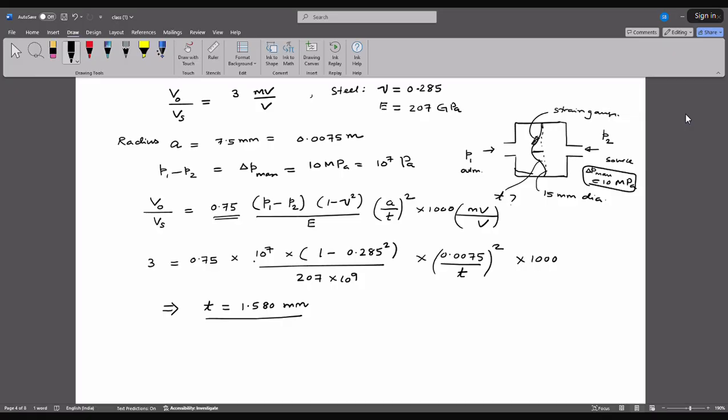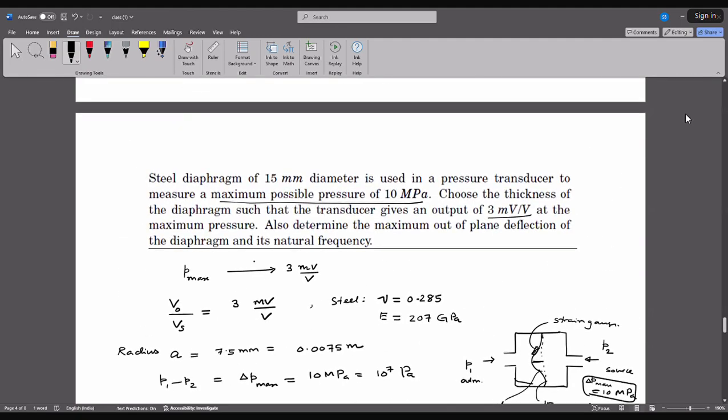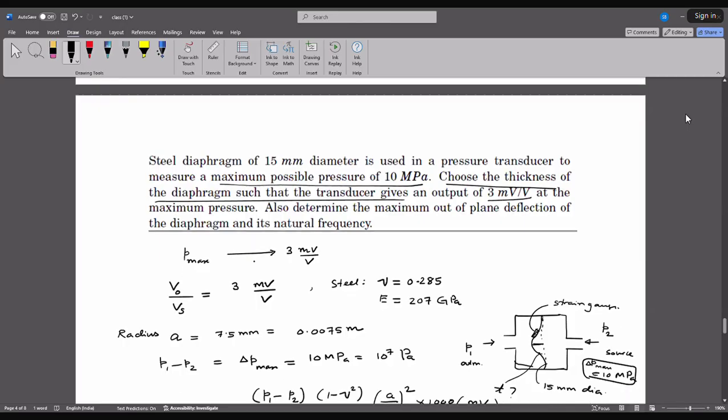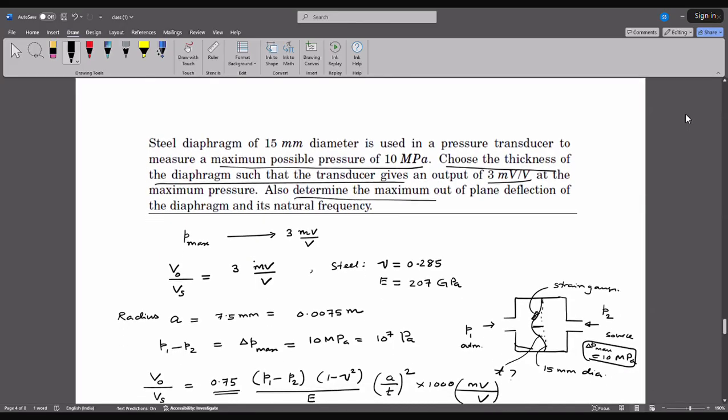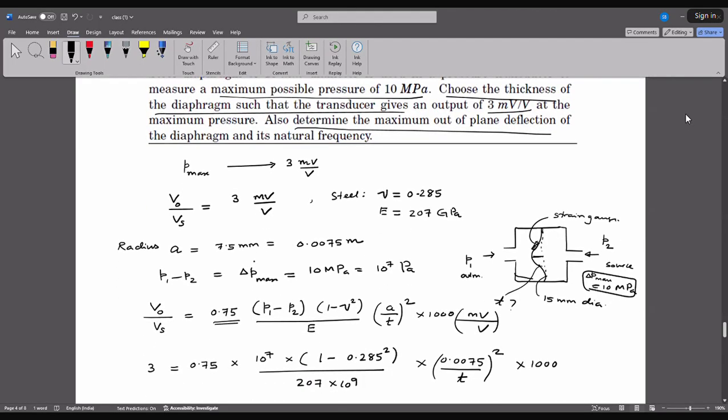Now we need to find the maximum deflection. It says choose the thickness of the diaphragm so that you get an output, and we found the thickness. It says to determine the maximum out of plane deflection of the diaphragm and its natural frequency.